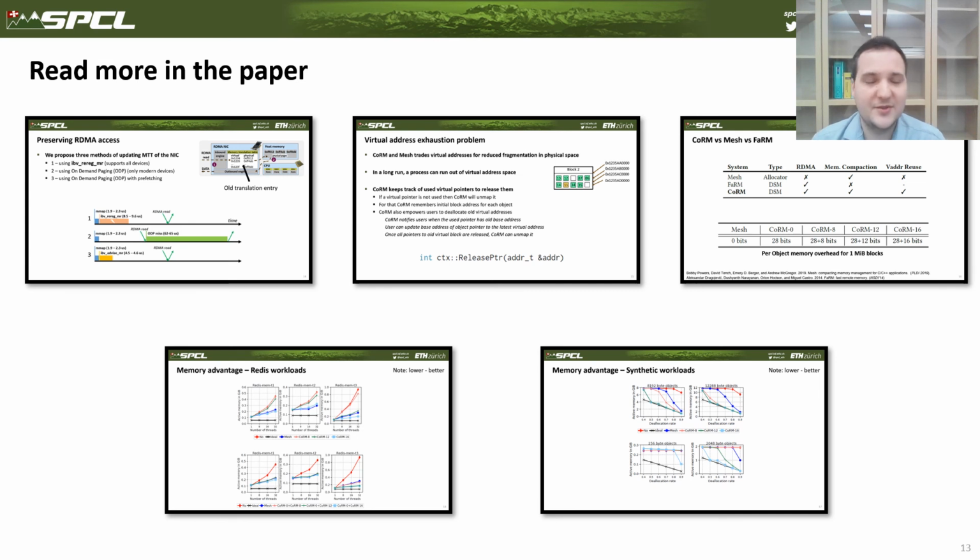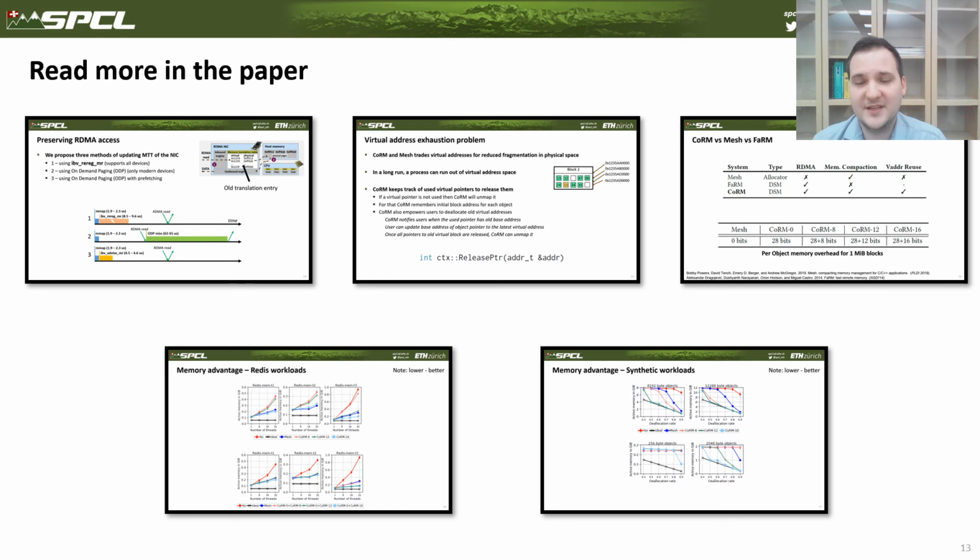Now I'd like to invite you to read the full paper, where we also explain how we preserve RDMA accesses by updating the translation table in the network controllers. Also, we explain the problem of virtual address exhaustion and how we addressed it.